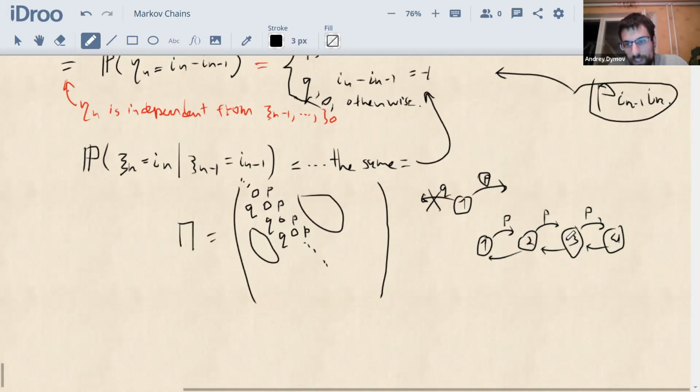So here you have P, P, P, Q, Q, Q, and here you can for example assume that once you are in the first state, then you stay here with probability 1 minus P, which is actually Q, and here you can also assume that you stay with probability 1 minus Q, which is actually P, right? So in your homework we will have Markov chains of such form.